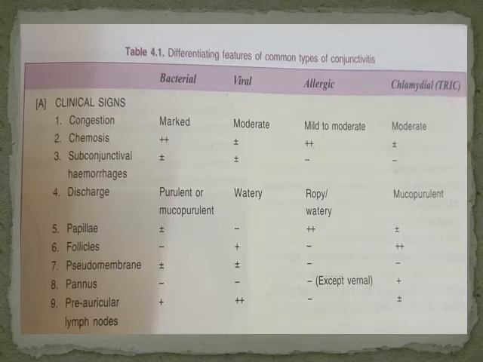So when you get a case of conjunctivitis, the types can be infective, allergic, cicatricial or toxic. Infective can again be divided into bacterial conjunctivitis, chlamydial conjunctivitis, viral conjunctivitis, ophthalmia neonatorum, and so on.